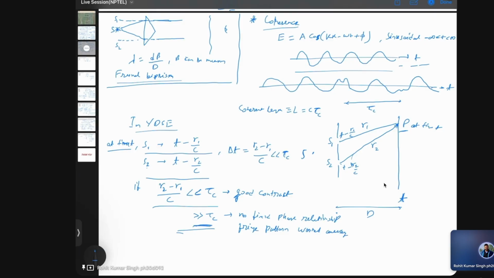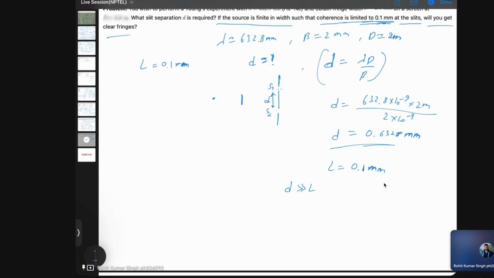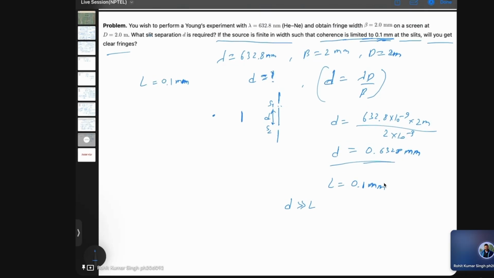In this problem, it is a similar concept but from a different perspective. Here it is said that this line source is emitting waves, and these waves are coherent only up to a very small distance.